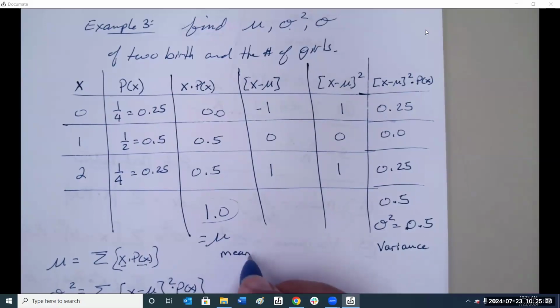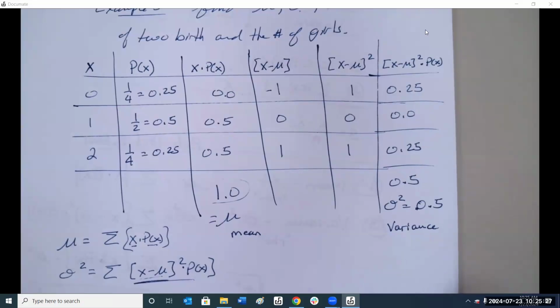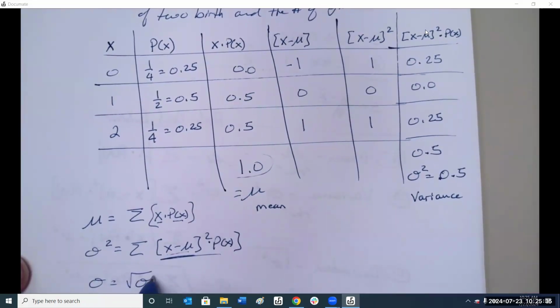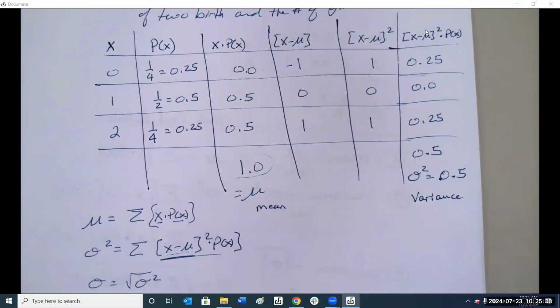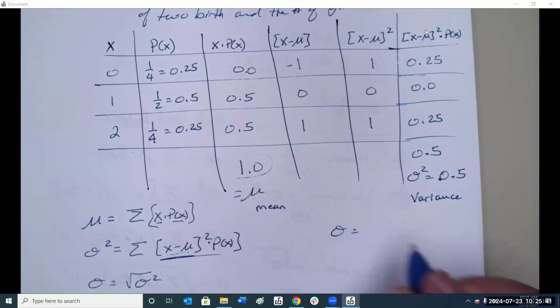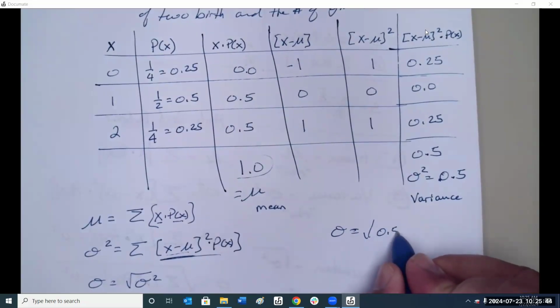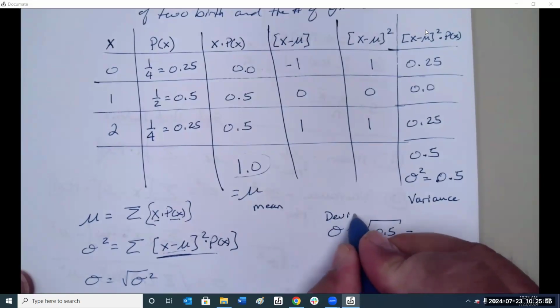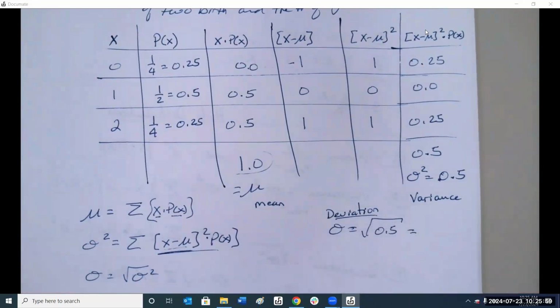This is our mean at 1.0. How do we find our deviation? Deviation is simply the square root of your variance. So we get the square root of 0.5. Whatever that is, that's your deviation. Make sense?